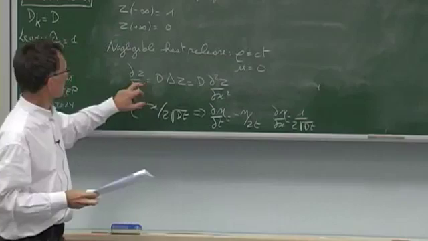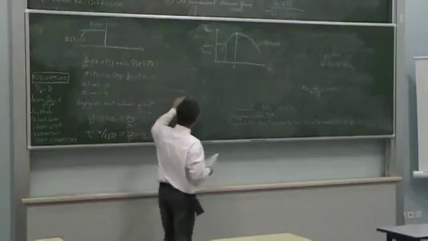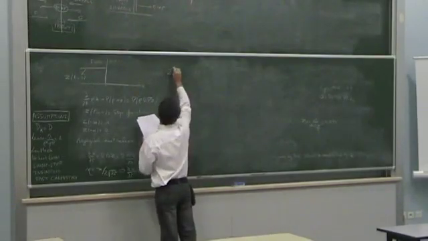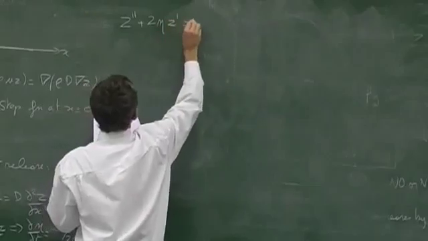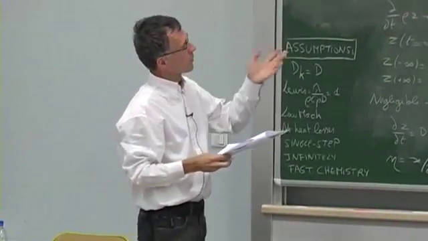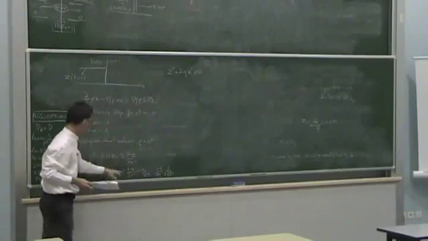So you replace these two things in this equation, and you end up with a very simple equation, which is why I'm doing it. You end up with Z double prime plus 2 eta Z prime equals 0. It's very similar, actually, to the boundary layer equations also. So if you have an equation, Z now is only a function of eta, this variable which is here.